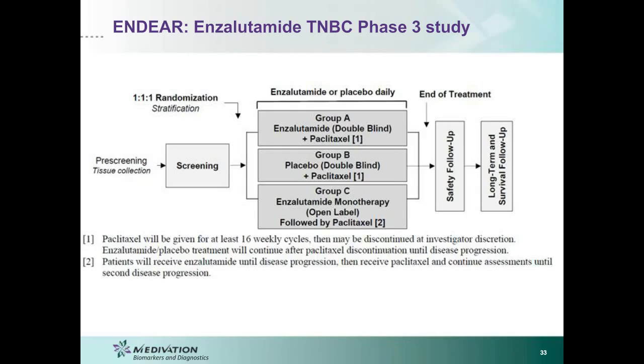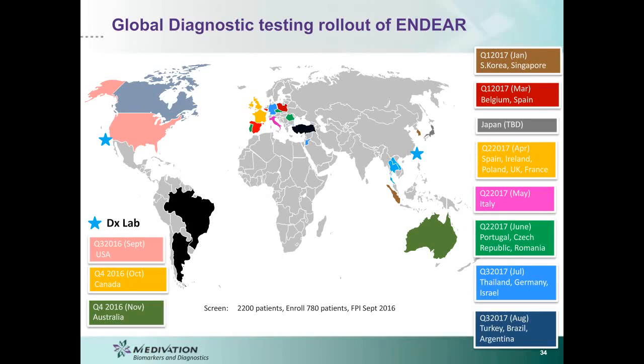An enzalutamide plus paclitaxel arm will be compared against a placebo plus paclitaxel arm to understand the improvement in this diagnostic positive population. A third group will also be assayed, the single agent arm, to match the phase 2 trial. This trial will be run worldwide, hoping to screen 2,200 patients to enroll around 780.